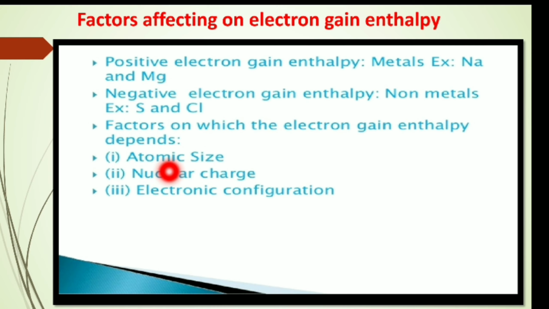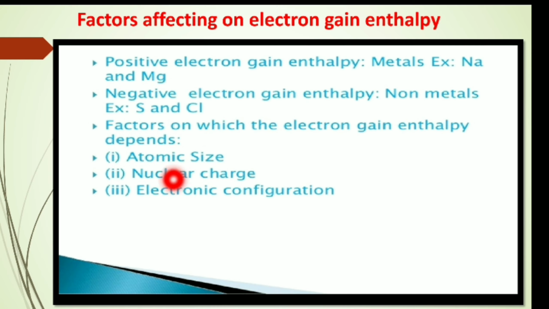So whenever electrons are added to the outermost shell, a lesser amount of energy is released. So the electron gain enthalpy value becomes positive, meaning electron gain enthalpy is less. So from top to bottom, electron gain enthalpy decreases. So atomic size is one of the factors responsible for the electron gain enthalpy.